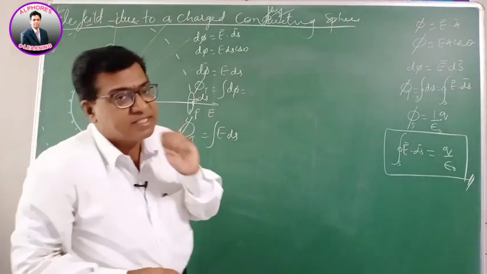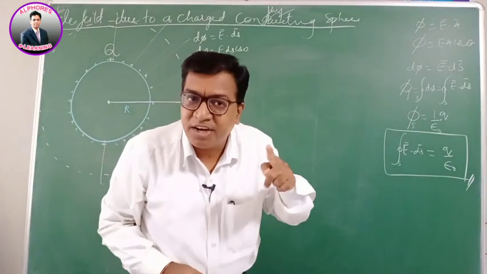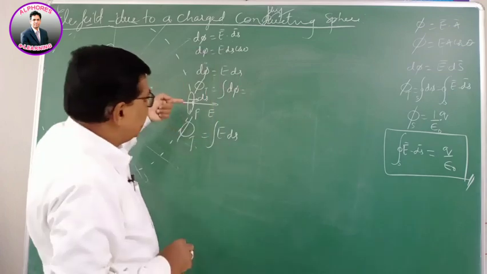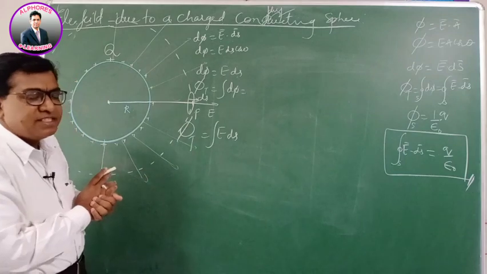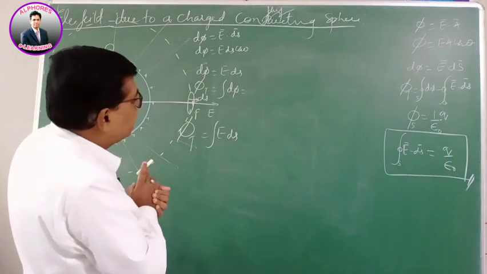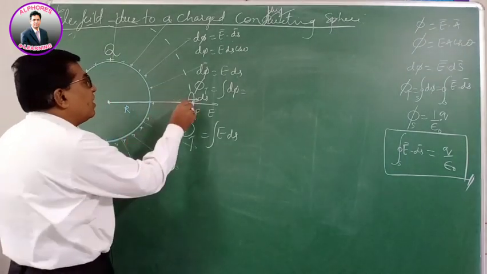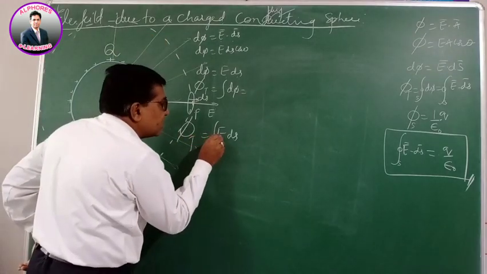The direction is either normal or tangential; here it is normally away. So we have followed all the restrictions required to imagine the Gaussian surface, and the electric field is a constant.